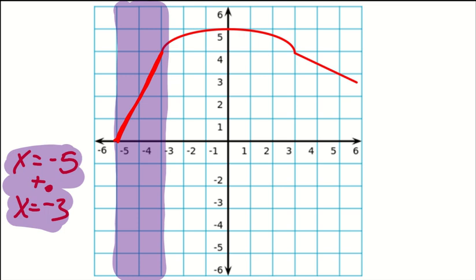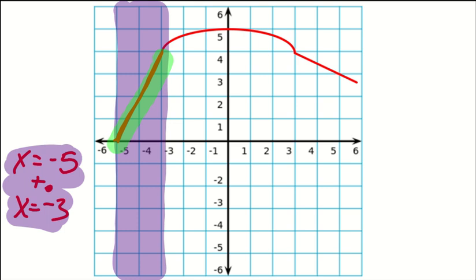The other thing we have to be able to do is identify if it's increasing or decreasing. This works like reading, you go from left to right, yeah? So if I start on the left side, if I start here, am I going up or down? Up.